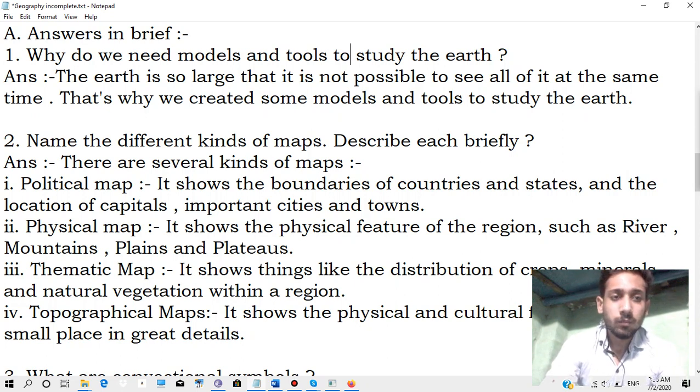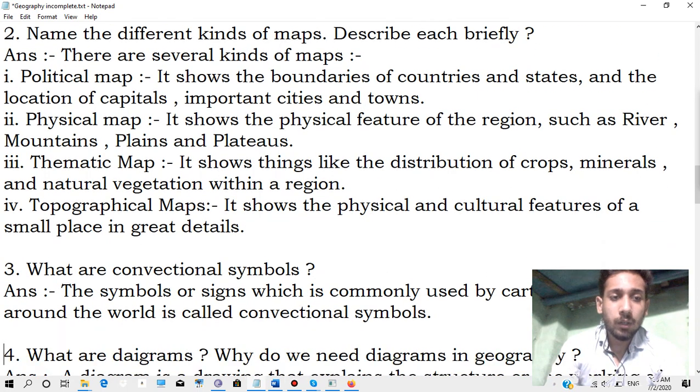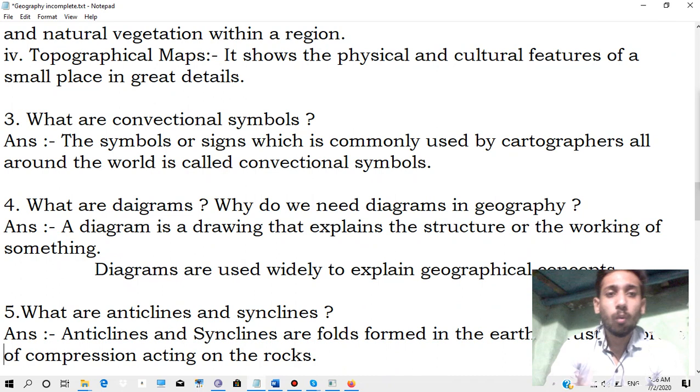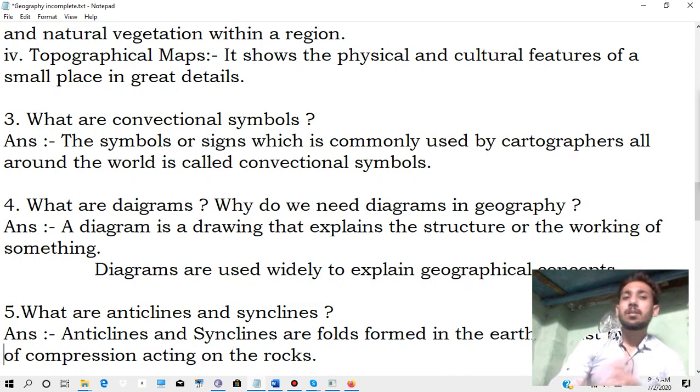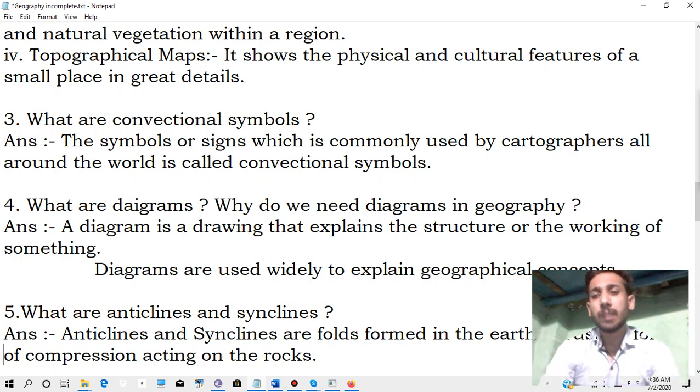Thereafter we will go for our next question, that is, what are conventional symbols? The symbols or signs which are commonly used by cartographers all around the world are called conventional symbols.